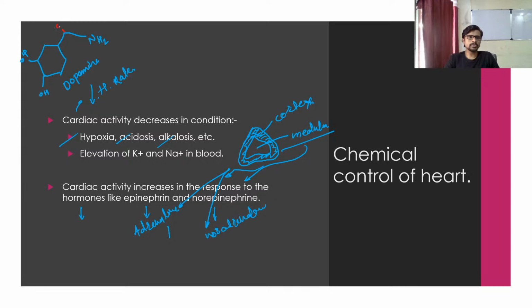If you add OH here, it's noradrenaline, and if you add CH3 here, it's adrenaline. So dopamine is first converted into noradrenaline, and then adrenaline. It is synthesized in the medulla of the adrenal gland, and that's why the hormones are called adrenaline and noradrenaline.